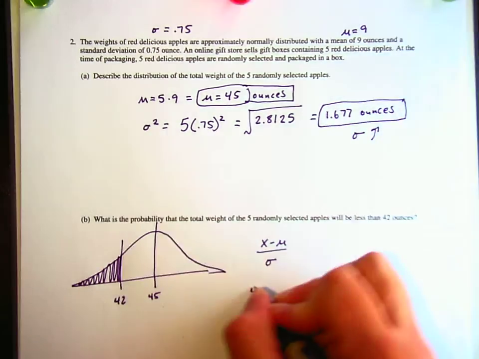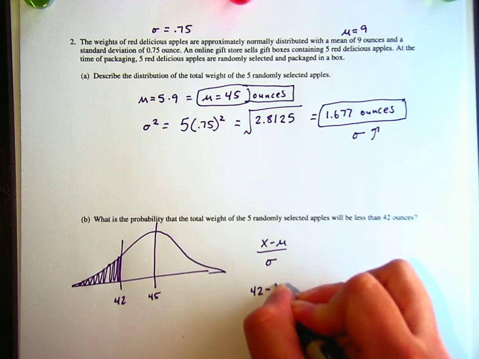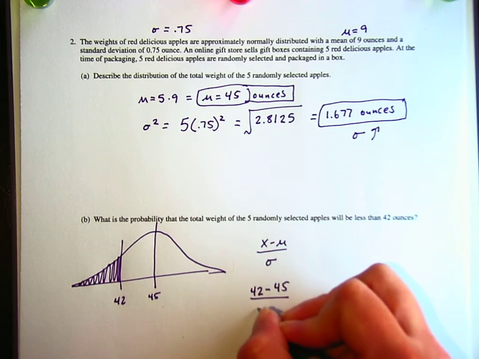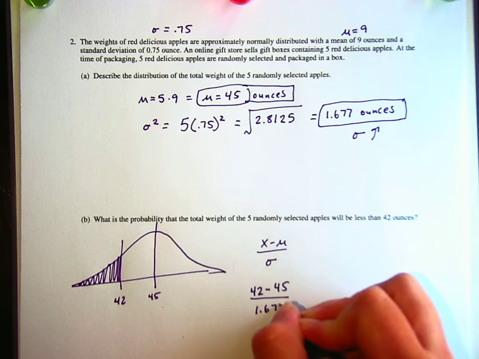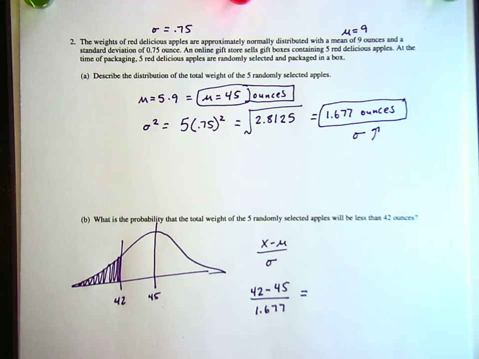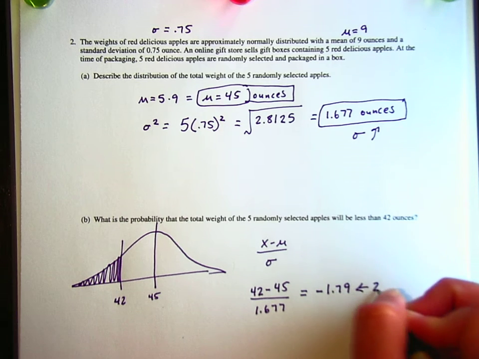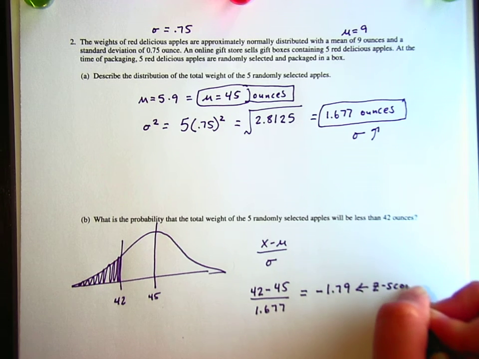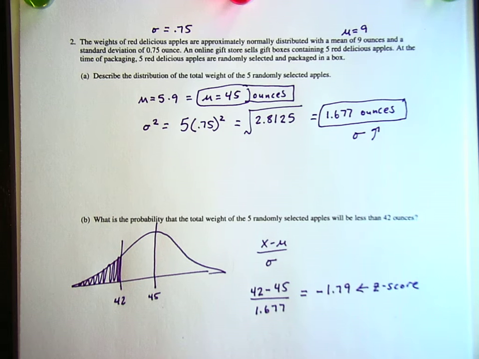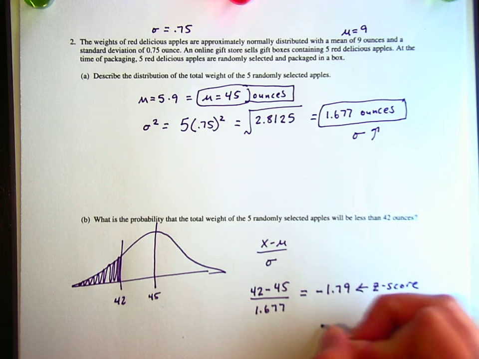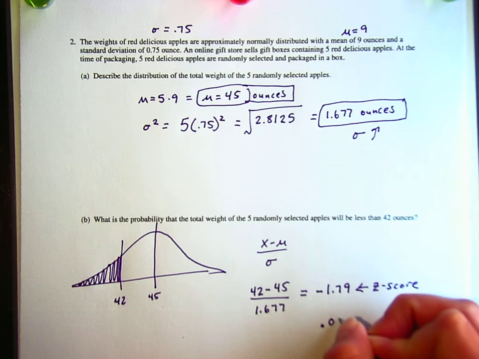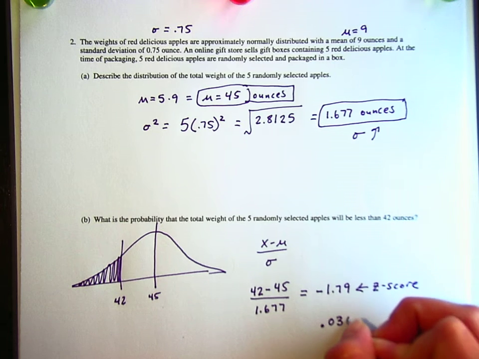So this is 42 minus the mean, 45, divided by sigma, which is 1.677. That gives me a z-score of negative 1.79. That's a z-score. Then if I look that up in my chart, I find out that that area is 0.368.